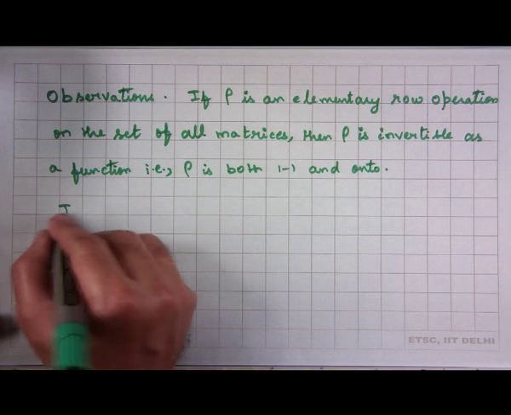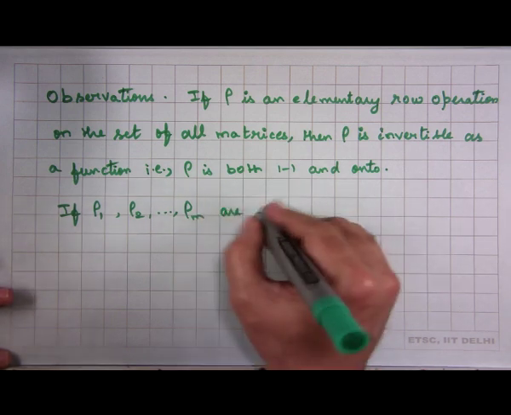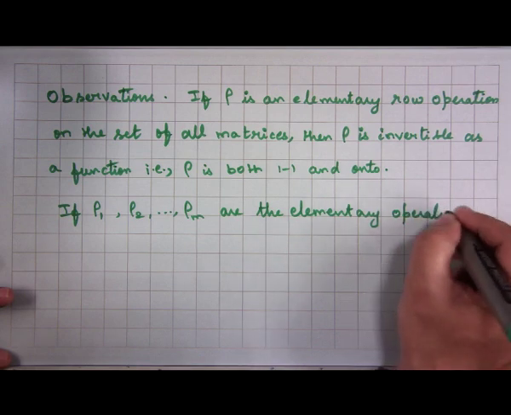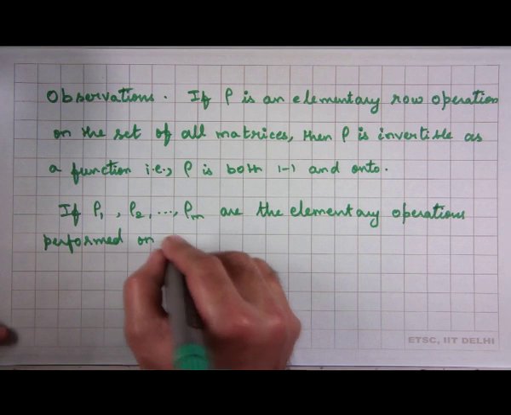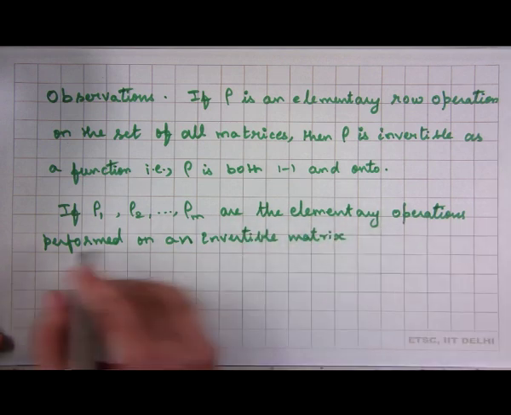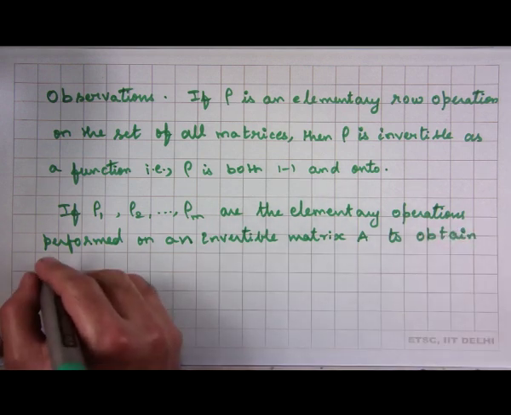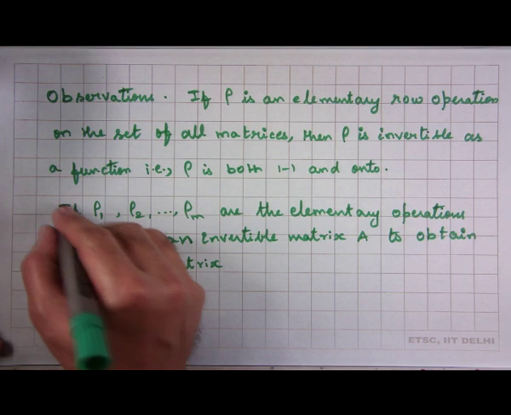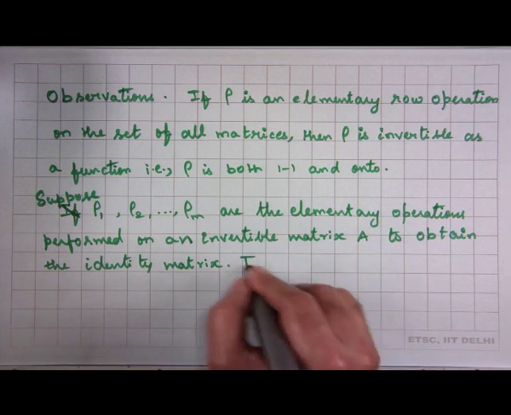So, if rho 1, rho 2, etc., rho m are the elementary row operations performed on an invertible matrix A to obtain the identity matrix, then what do we have?